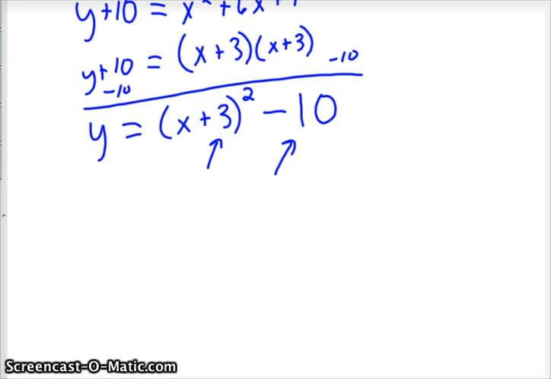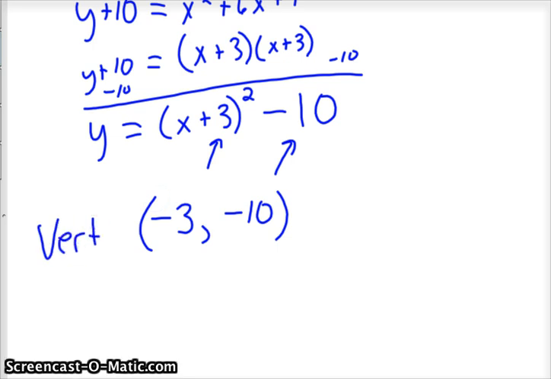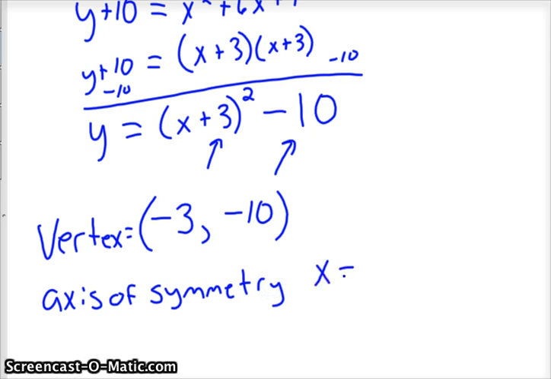Since you're pulling the 3 out of parentheses, it's going to be negative 3 for your h, and the negative 10 is not in parentheses, so that's your vertex. That's the whole reason you complete the square, so you can find the vertex. Then your axis of symmetry is always the x value of your vertex. So axis of symmetry would be x equals negative 3.